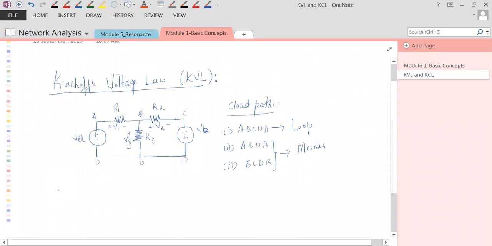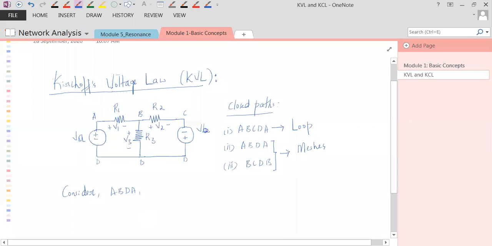What is that? See here, AB. I've not given the statement yet, I'll give you the statement. Let's see this first. Consider A, B, D, A. And how many voltages are there? They are called drops.